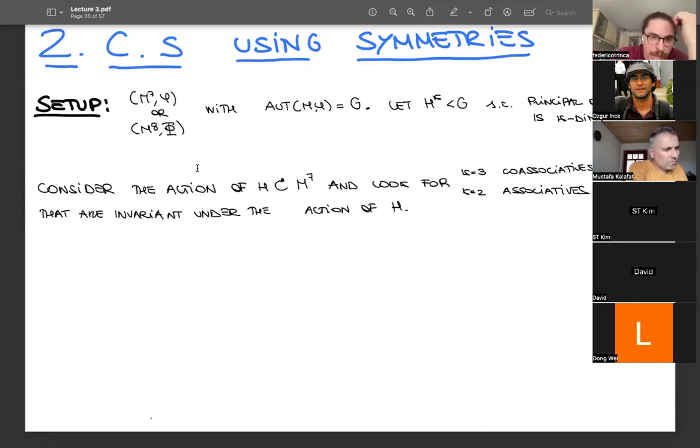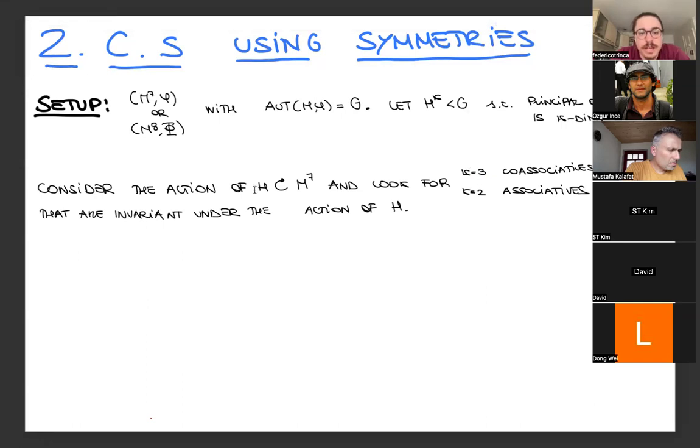So now we have the action of H on our 7- or 8-dimensional manifold, and we want to look for calibrated submanifolds that are invariant under this action.